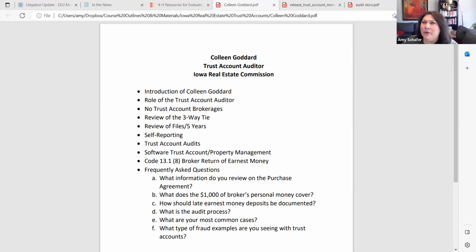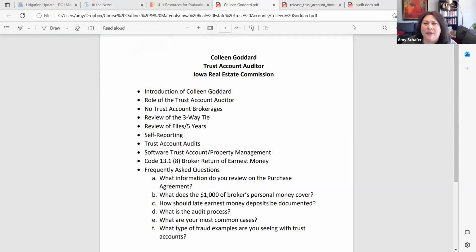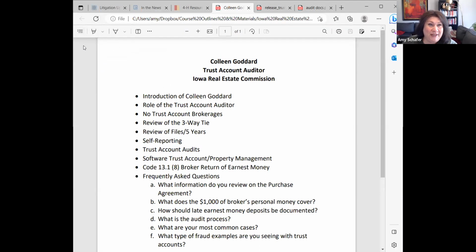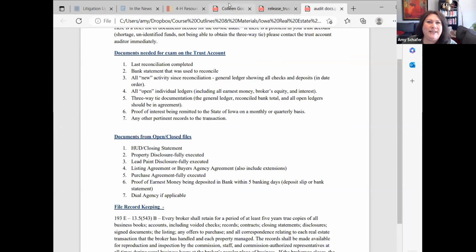And then I didn't know whether this would be a good chance, and I'm not sure how easy this is for me to pull up here. I was hoping, because truth be told, we just did an audit together, correct? Correct. And I just thought I would give this audit doc sheet that you had sent to me.